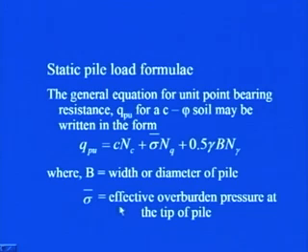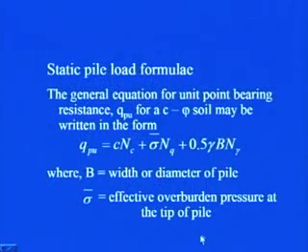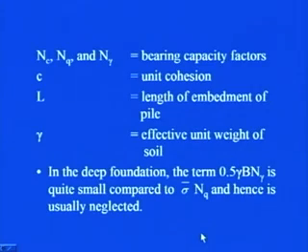Then sigma bar is the effective overburden pressure at the tip of the pile. Since we are talking of unit point bearing resistance, that will be occurring at the tip of the pile. That is why sigma bar is effective overburden pressure at the tip of the pile.